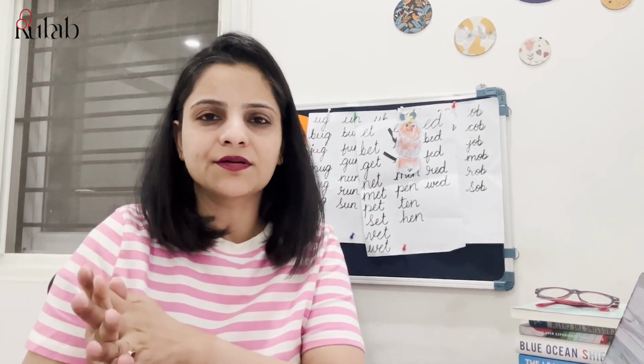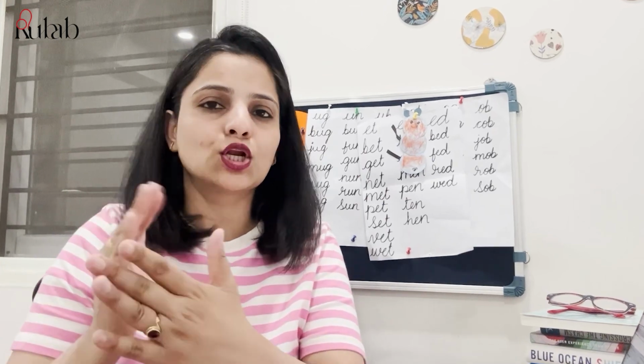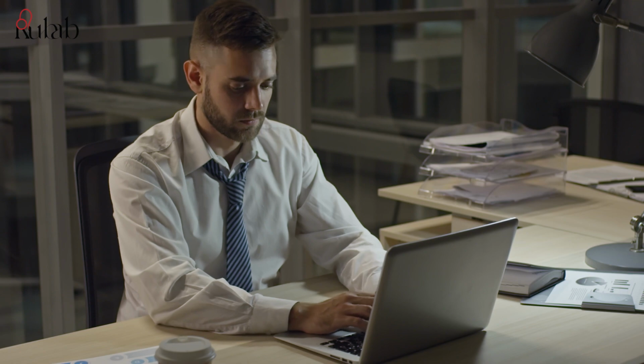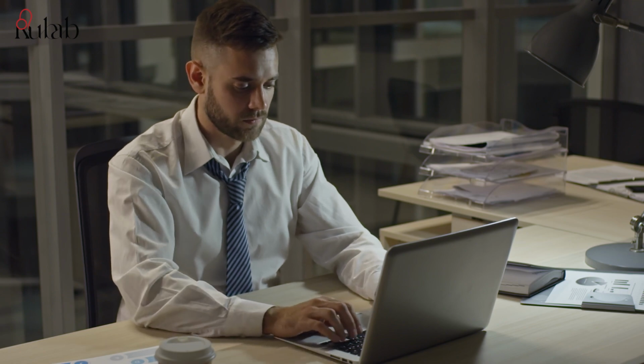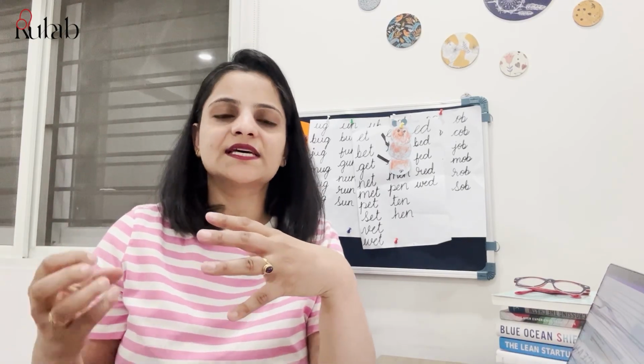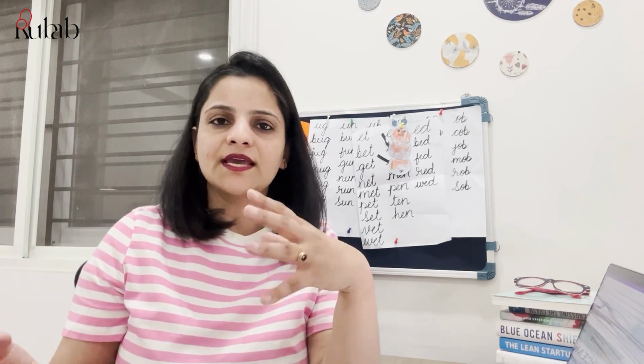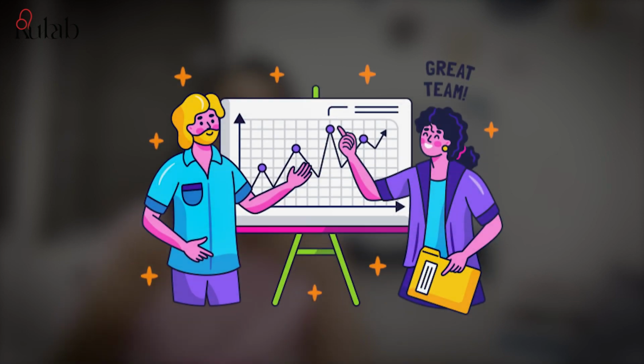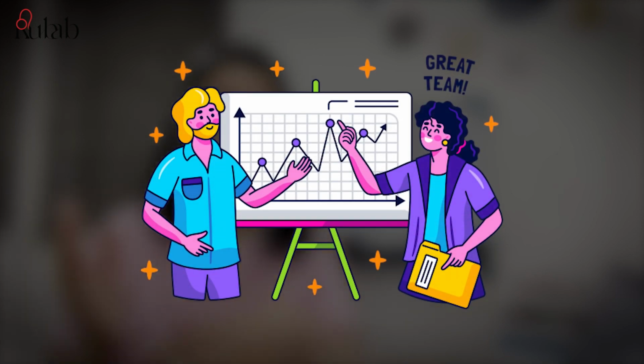The last point here is that BAs do have a say in a lot of internal processes as well. Their end goal is to make sure that the business requirements are met and the customer is happy. Based on the research they have done, they are able to identify loopholes in the current processes and make recommendations to improve them.